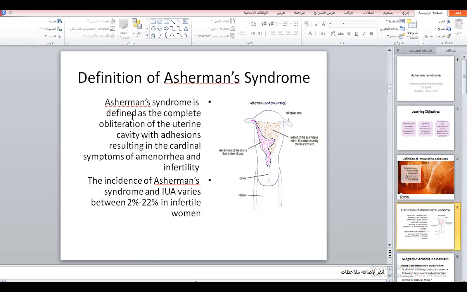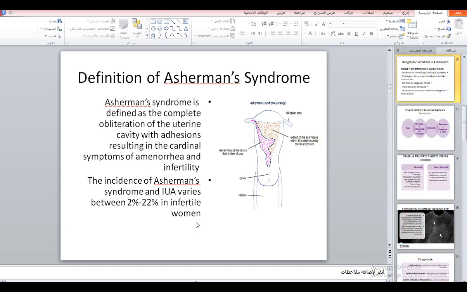Asherman syndrome is defined as a complete obliteration of the uterine cavity with adhesions, resulting in the cardinal symptoms of amenorrhea and infertility. The incidence of Asherman syndrome and intrauterine adhesion varies between 2 to 22% in infertile women.